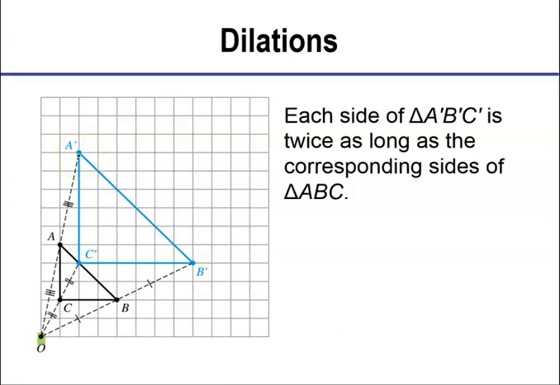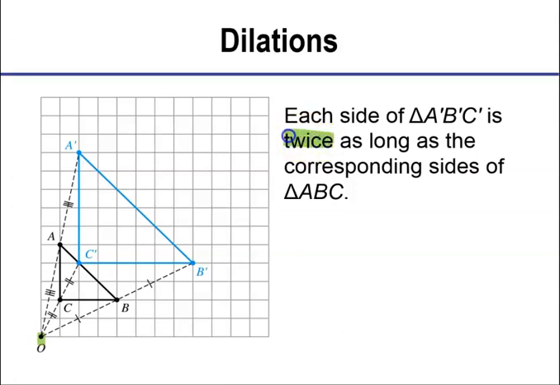Okay, so you're going to find this distance here, and then you're going to have a scale factor here. Now the scale factor for this particular dilation is 2.